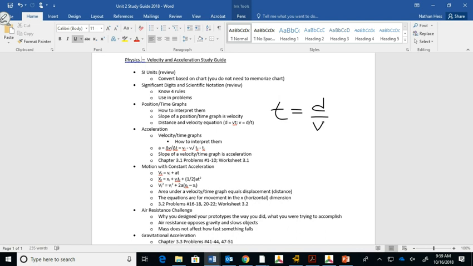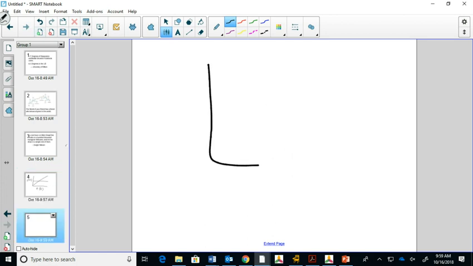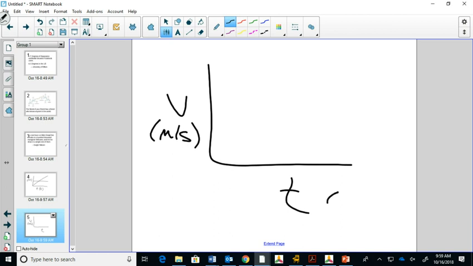All right, acceleration. We talked about velocity time graphs. So now if I do the same kind of graph, and this is now velocity over time. Velocity has what units? Meters per second. Time has what units? Seconds. And you can use any one, but those are the ones we normally use, right?